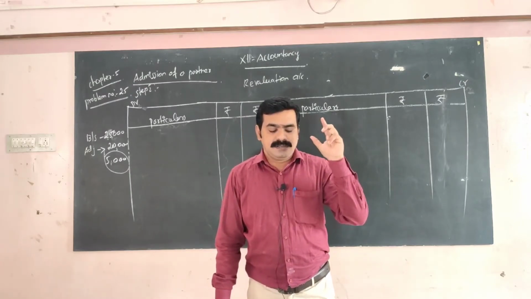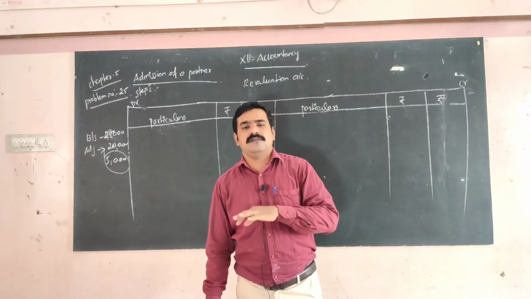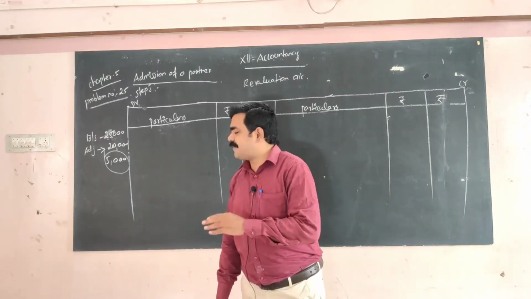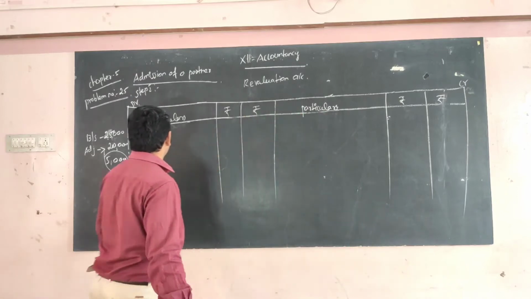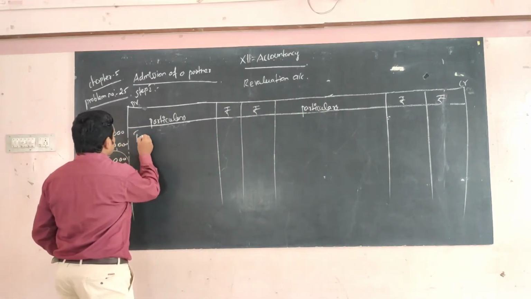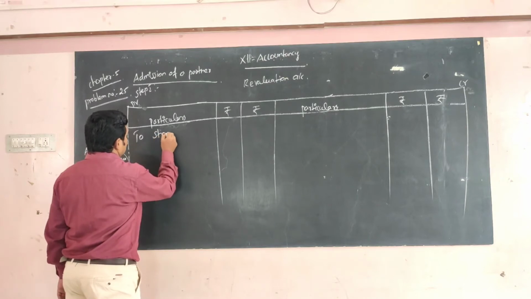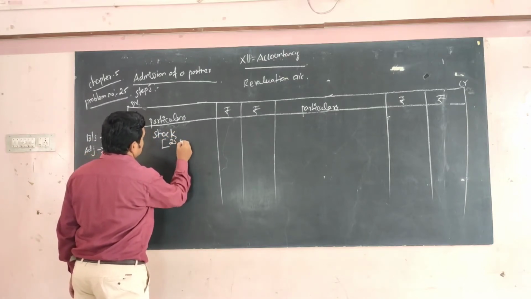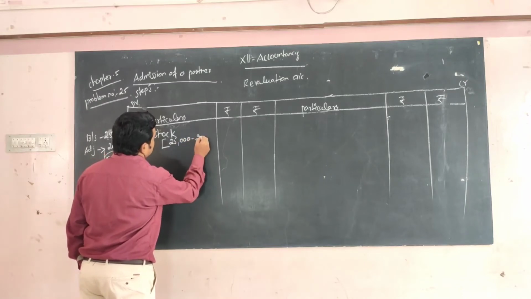What is the entry for this transaction? Revaluation account debit to stock account, because this is a loss. So 5,000 you have to put, to stock, that is 25,000 minus 20,000.